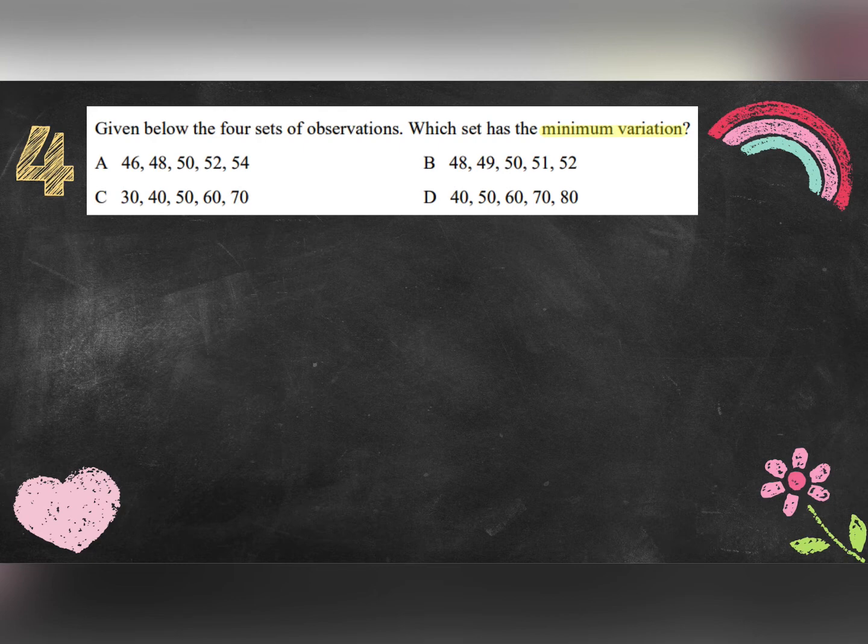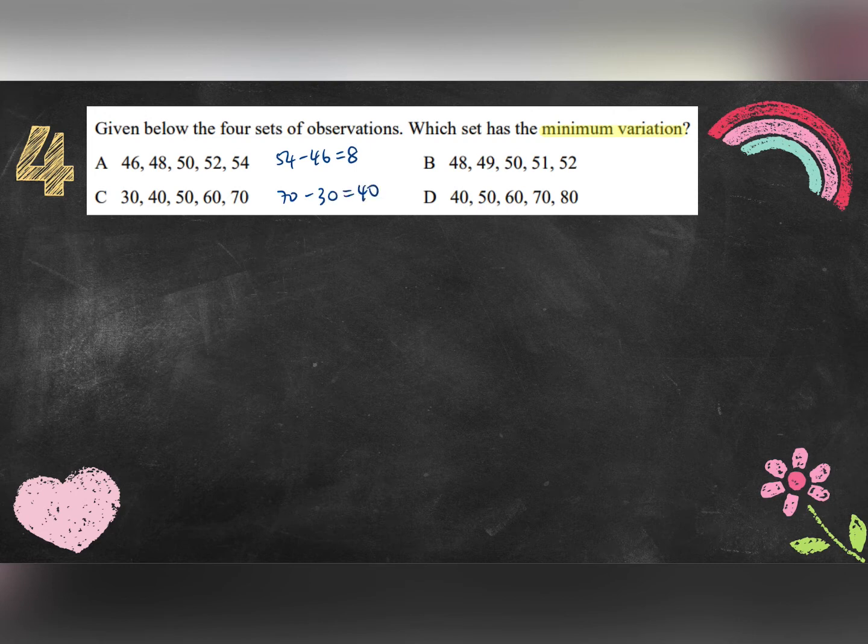So let's look at the difference between here 46 dengan 54. So 54 minus 46 kita dapat the difference will be 8. Kat sini kan 54 minus 46 kita dapat 8. And then we have 70 minus 30 untuk C, 70 minus 30 kita ada 40. Okay, this one is too big.